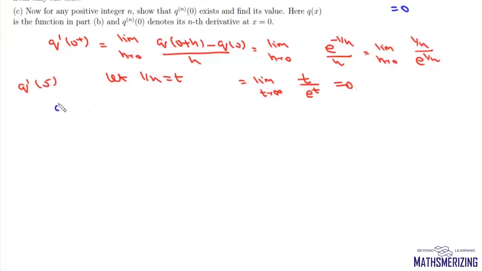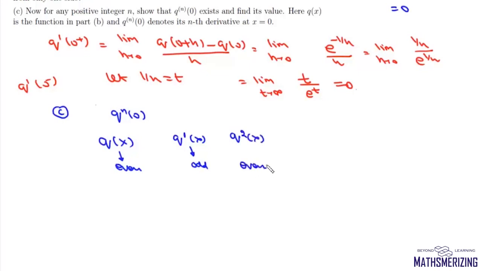Now what we'll do is, for this part C, we have to find the nth derivative of this function at 0. Now we know that q(x) is an even function. Now if q(x) is even, q'(x) is odd, q''(x) is even, and it continues.